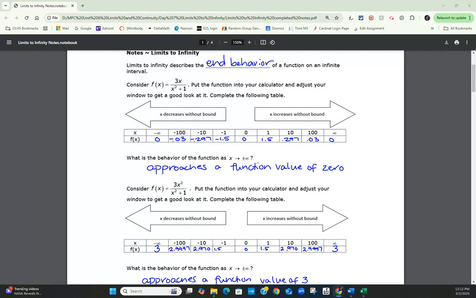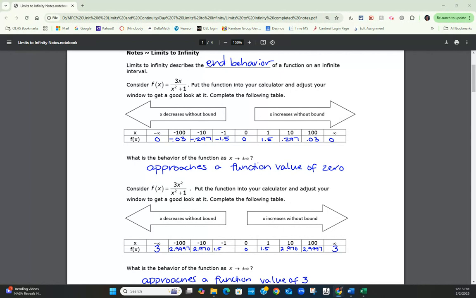So the limits to infinity is not talking about anything that's happening in the middle of the function as x goes from left to right. On the left end, the limit as x approaches negative infinity, and on the right end as x approaches infinity. So you've learned a lot about functions, and there are some functions where you know just by the equation what the end behavior is.